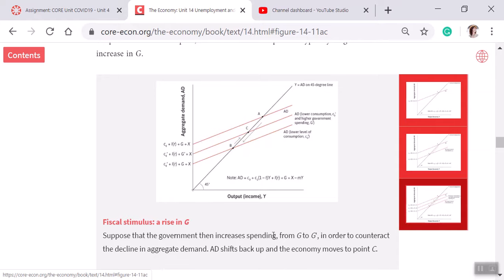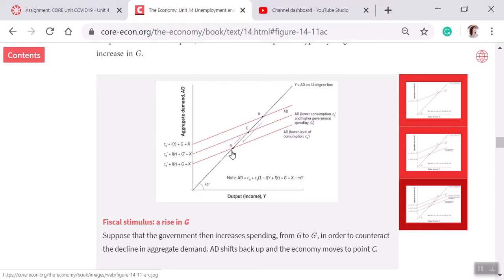The government is going to be increasing its spending, and it's going to go from G, this is our original equilibrium, to G1. We want to do that to counteract the decline in aggregate demand, because we fell all the way down to here.